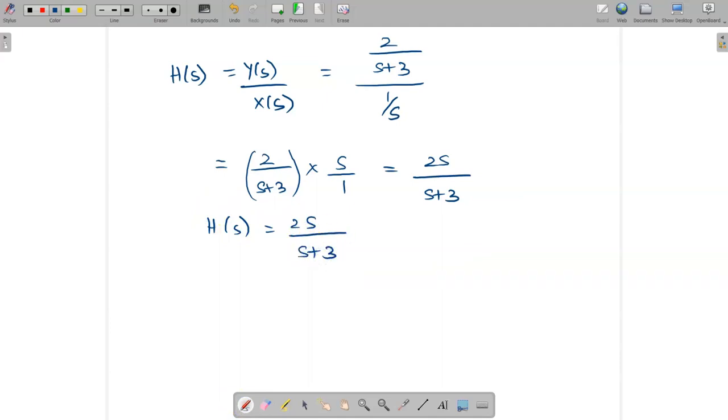So once we have determined this, we have to find out the inverse Laplace transform for this term. Okay. So generally we know that inverse Laplace transform of 2 by s plus 3 is e power minus 3t u of t. But here I have additionally one more term s. Okay. So I need to eliminate this s term first of all, in order to apply the formula of inverse Laplace transform.